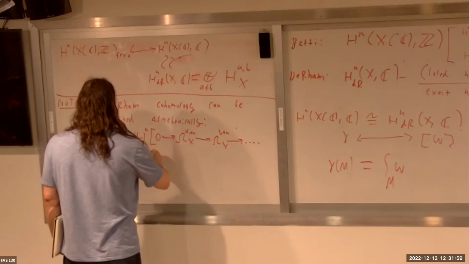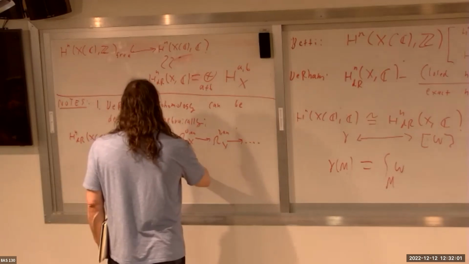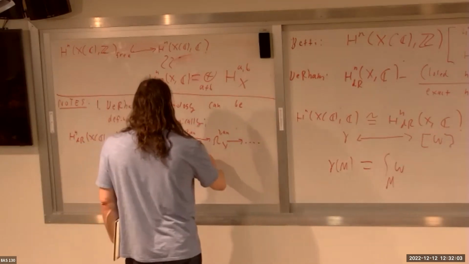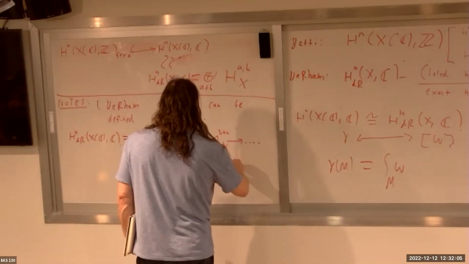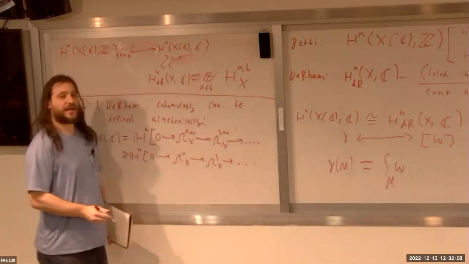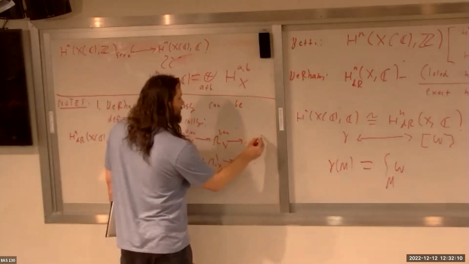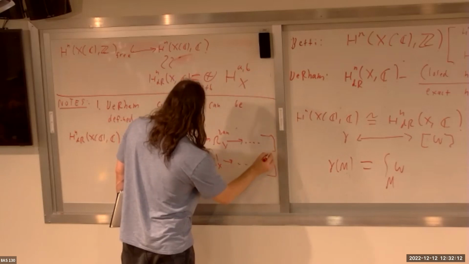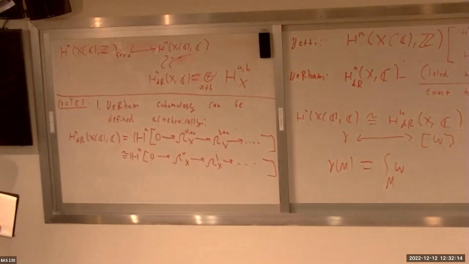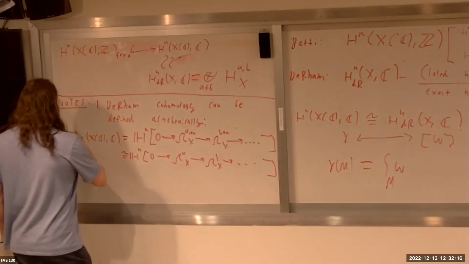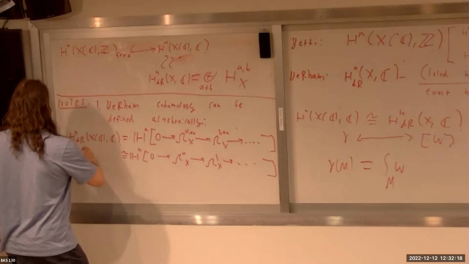Now it turns out this is naturally isomorphic to the same thing, but done algebraically. So without the analytic topology, just working in the Zariski topology. This is due to Grothendieck.